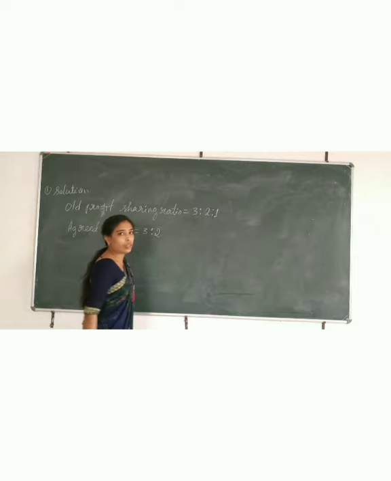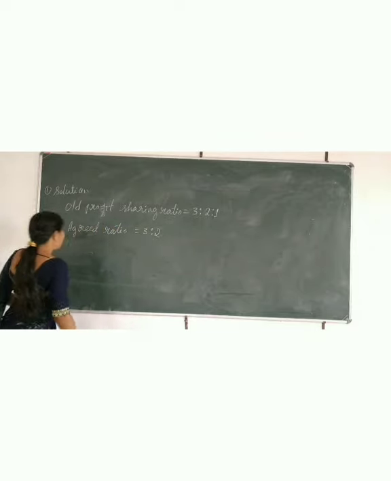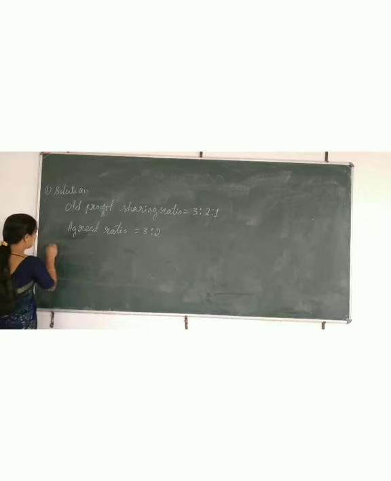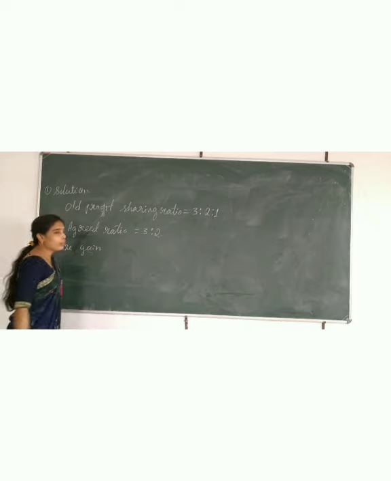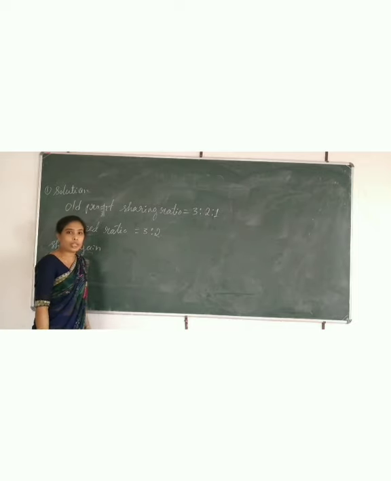So first we will calculate the gain ratio with the help of this one. The agreed ratio is there. After that we need to calculate share gain, because for the purpose of calculating the new profit sharing ratio we need the gain ratio. That's why we are calculating.